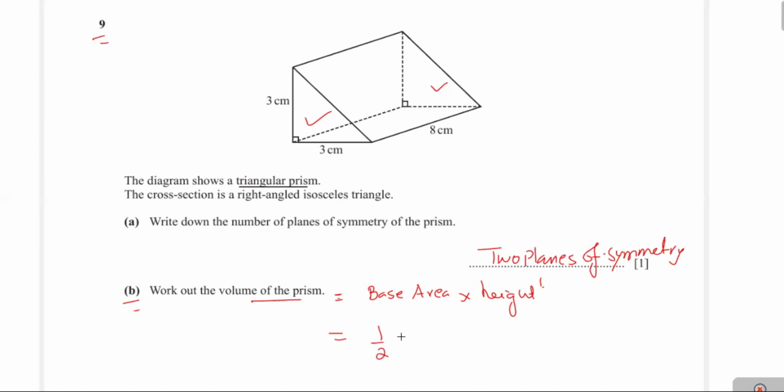That's equal to 1/2, base length is 3, height is 3, and the distance between the two bases is 8. We write here 8. 8 times 3 is 24. 24 times 3 is 72/2. And this answer will be equal to 36.